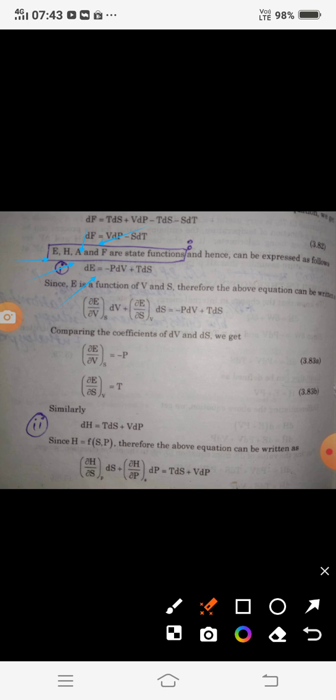And the same here, when we take differential E and divide by the entropy differential, we should multiply by the entropy differential as well, according to the rule of mathematics.